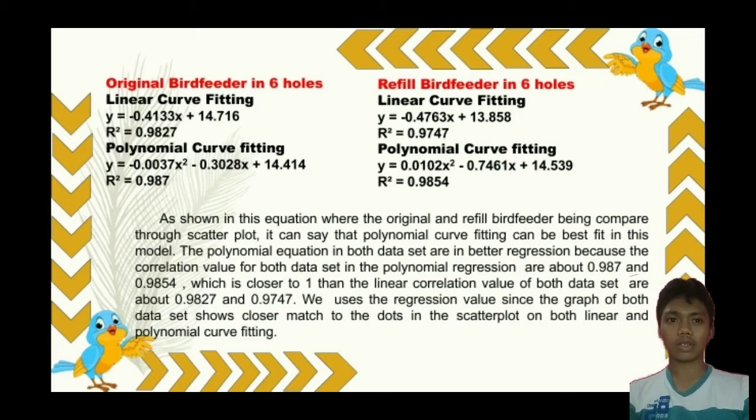We use the regression value since the graph of both datasets shows a closer match to the dots in the scatter plot on both linear and polynomial curve fitting.